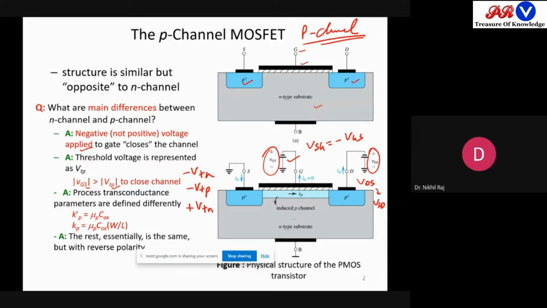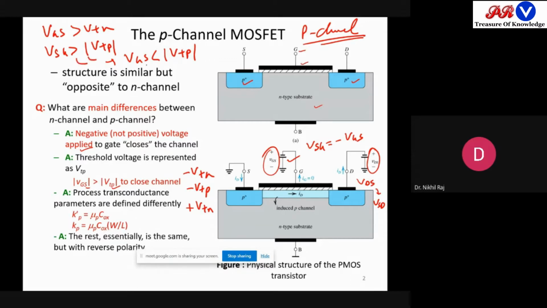For the MOSFET to work in the on condition, the condition was VGS should be greater than VTN. But when it is PMOS, we will say VSG should be greater than the magnitude of VTP. Or in other words, VGS should be less than the magnitude of VTP. They both are equivalent.